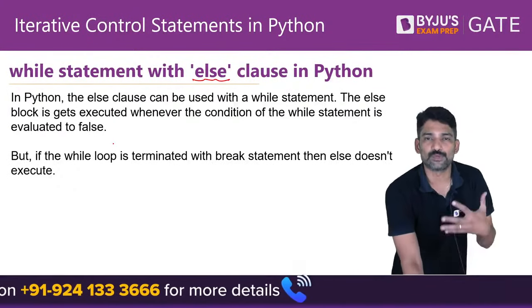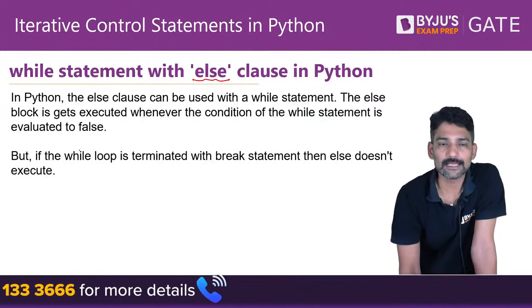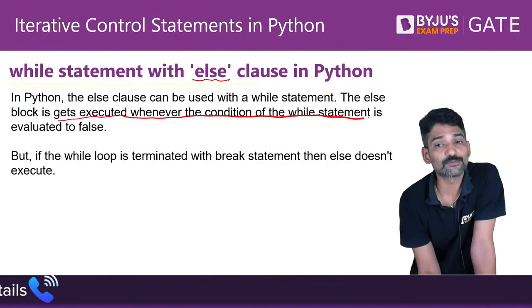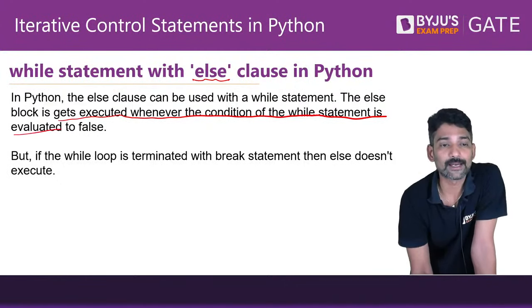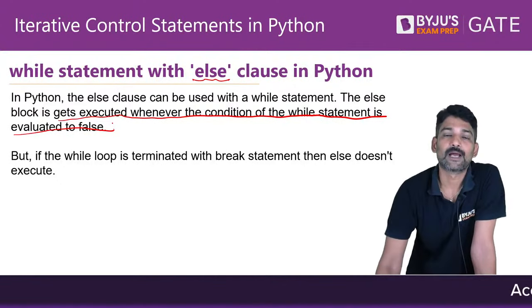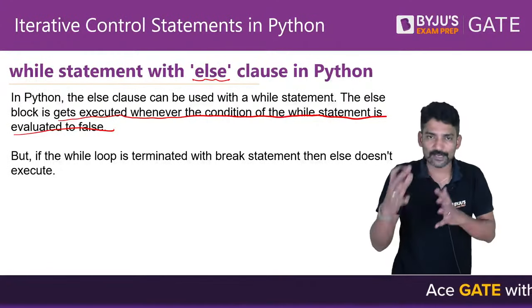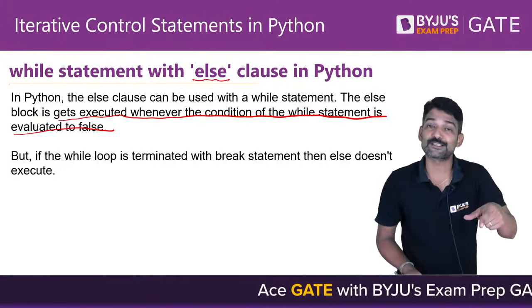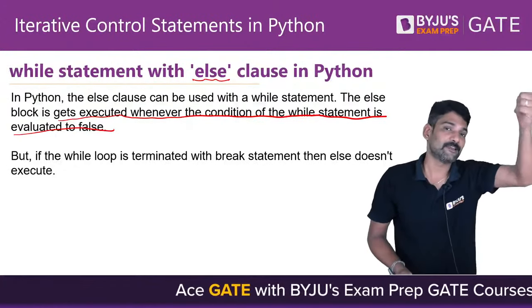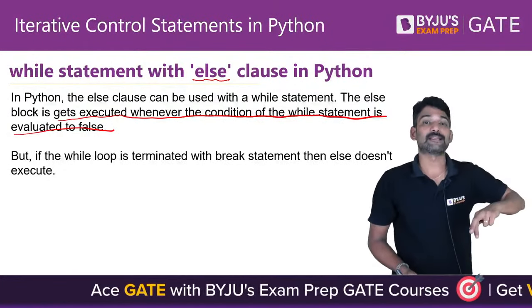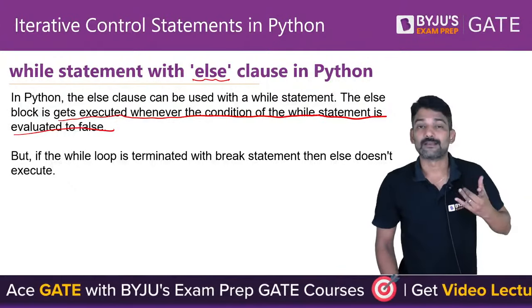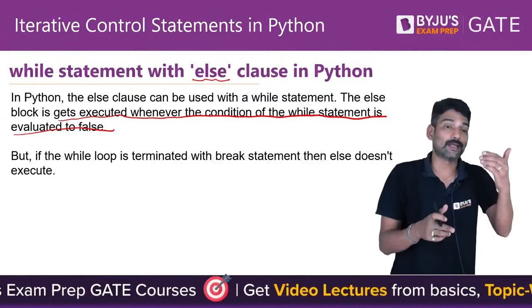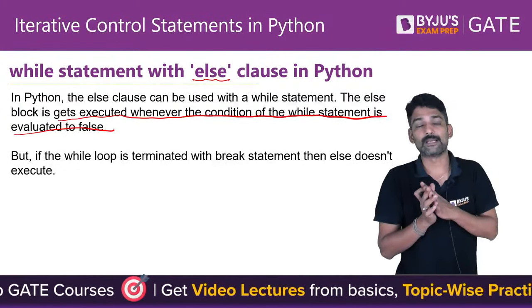Whenever you use this else clause, the else block gets executed when the condition of the while is evaluated to false. Until the condition is true, the while statements get executed. Whenever the condition of the while is false, like if else, we have while else.